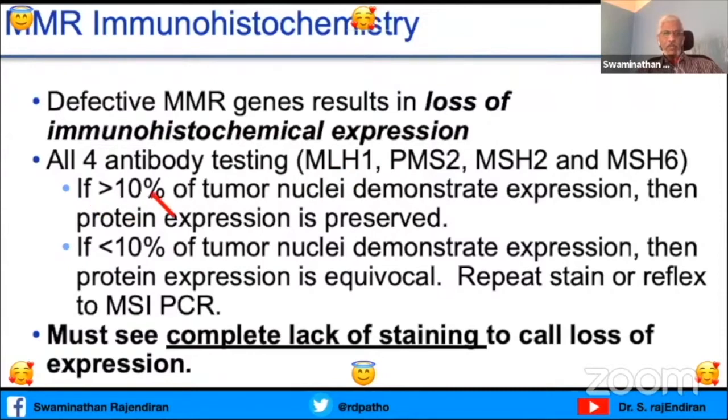If you see more than 10% of tumor nuclei demonstrating expression, then it is preserved. There is no Lynch syndrome. If less than 10% of tumor is positive for these markers, then it is equivocal: repeat the stain or do PCR. And you must see complete lack of staining to call loss of expression.